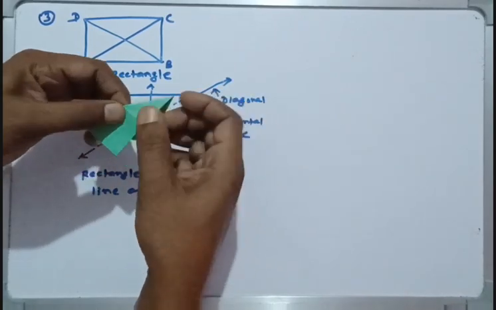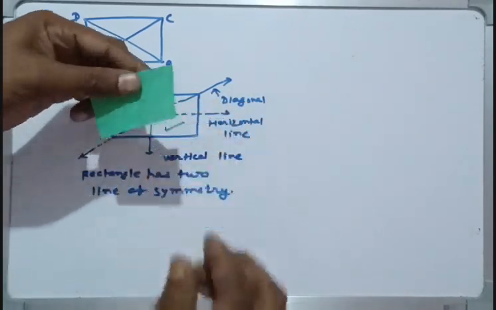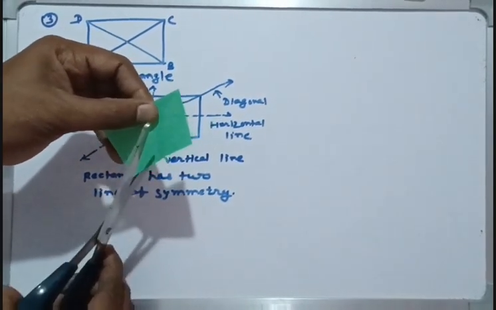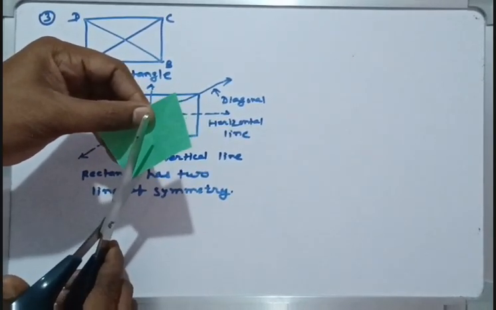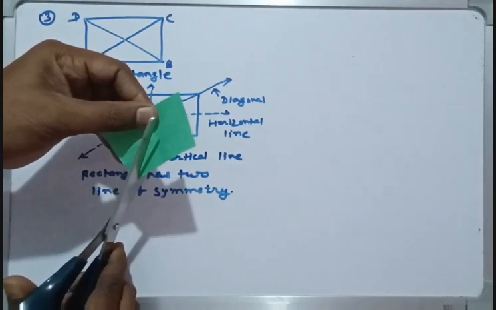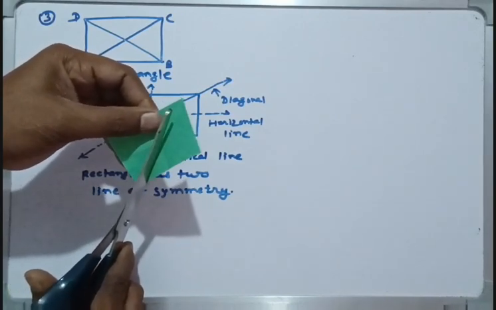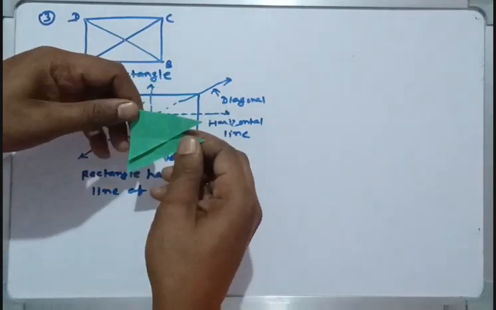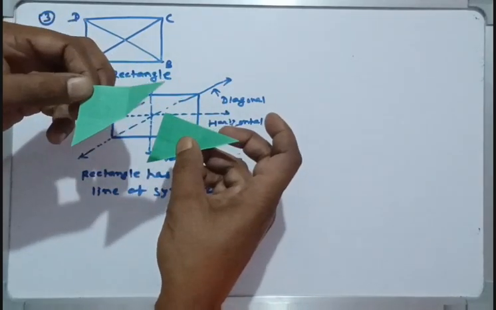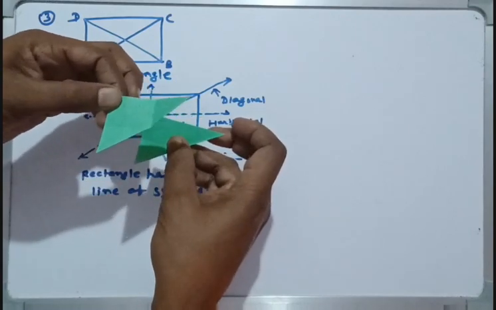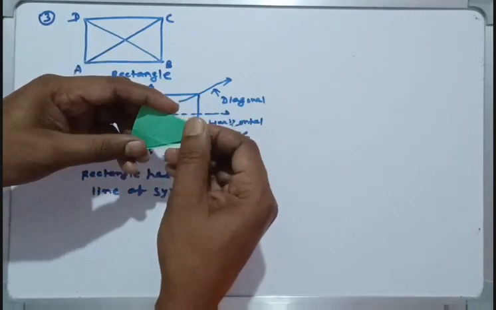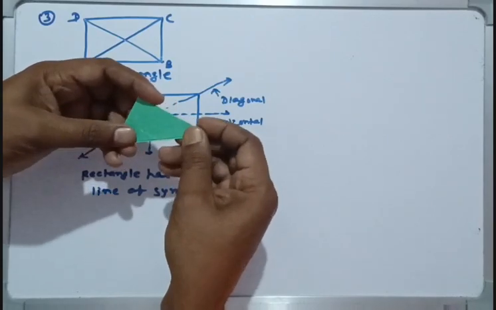Okay, see, for more clarity, if I cut this one along the diagonal, what happens, the one half part and another half part are of equal size and shape.